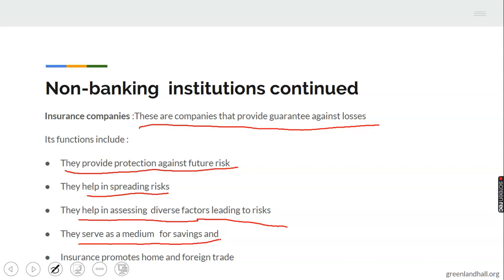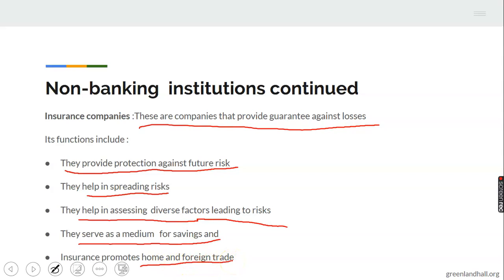When this number of years matures, that individual can eventually obtain that money, or the amount is paid to the beneficiary if anything happens to that particular person. Then insurance also promotes home and foreign trade.